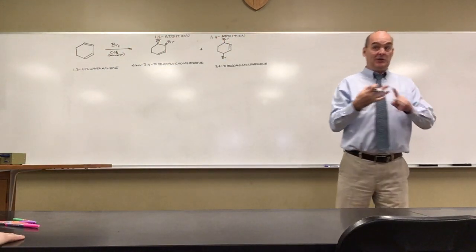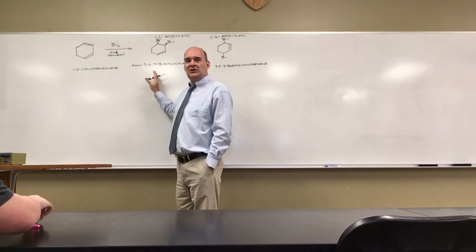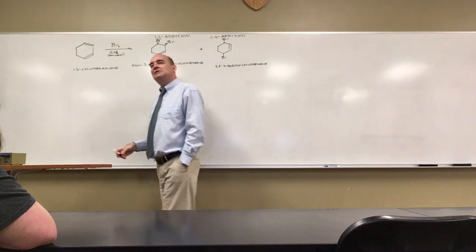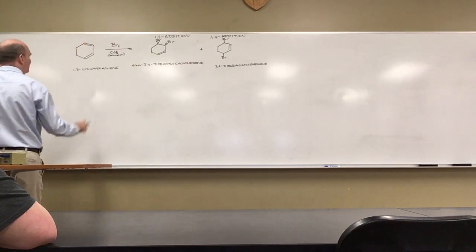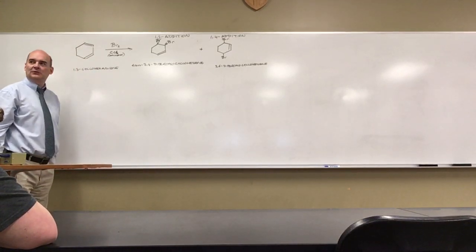And then conjugated, and conjugateds are the interesting ones because they do weird stuff. They do more than we were anticipating because there is a communication, there is resonance between those 2 pi bonds.